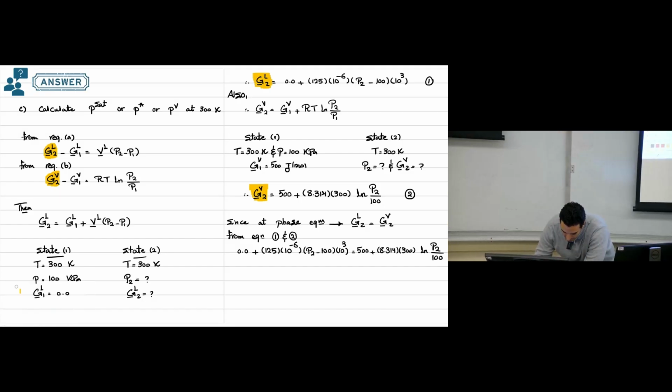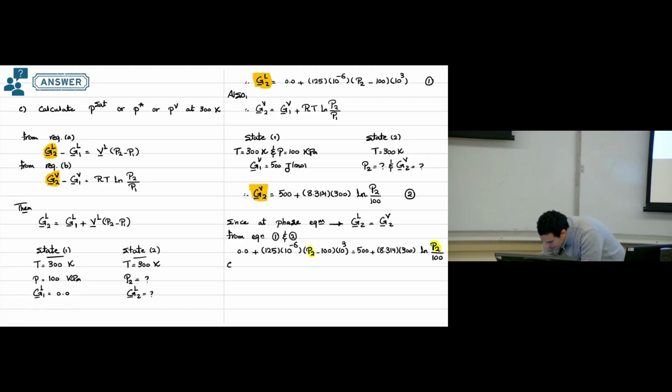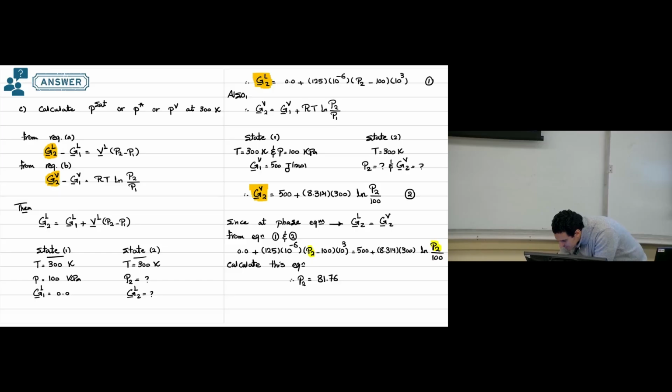So we have only one unknown in this equation, which is P2. Here I have P2, here I have P2. Then I can solve this equation, and P2 will be 81.76 kilopascal.